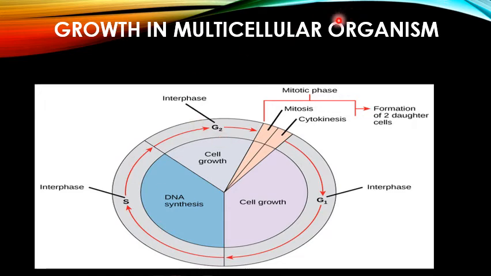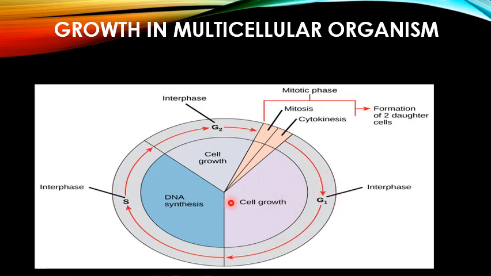In the G1 phase, the first phase or gap phase, the changes are very little and cannot be clearly seen in the microscope. The change that takes place is an increase in biochemical activity.